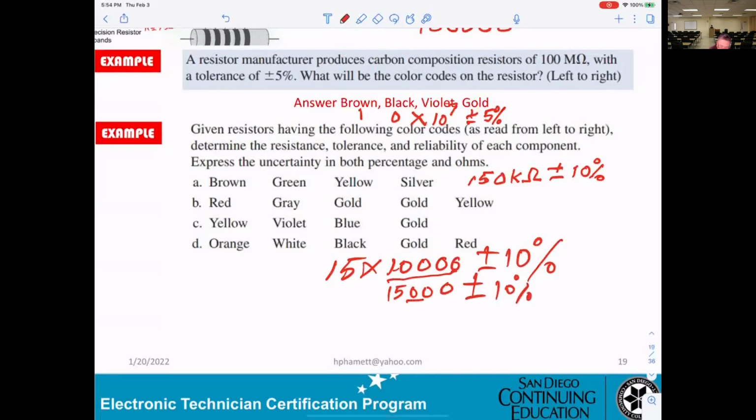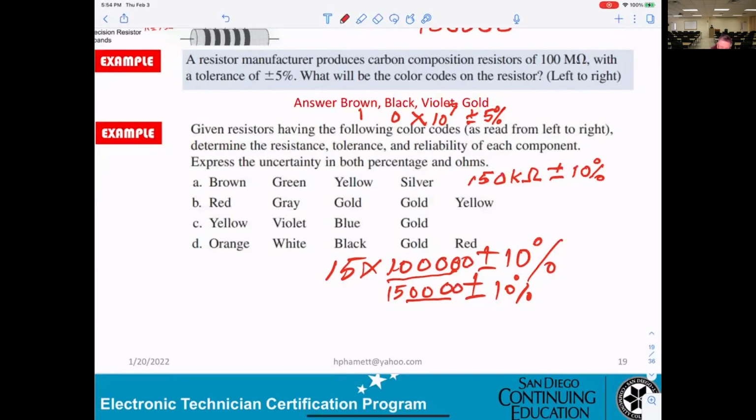Yellow is multiplied by 10 power 4. Okay, 10 power 4 needs one more 0.